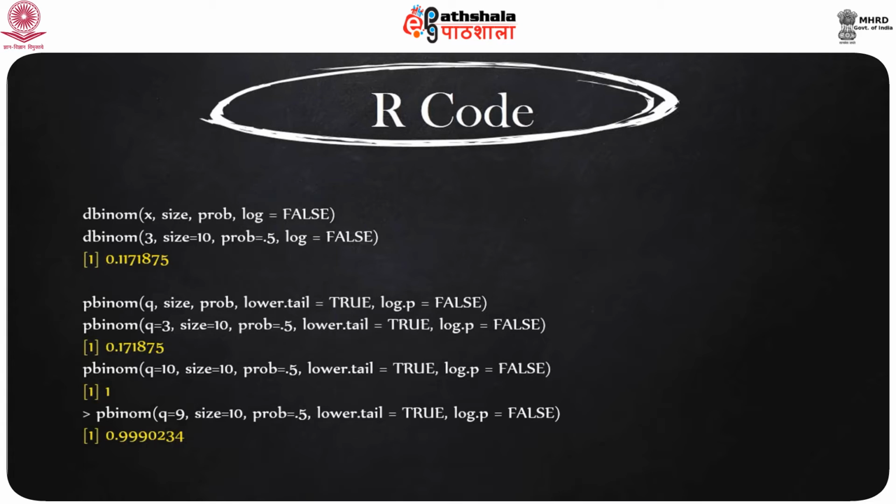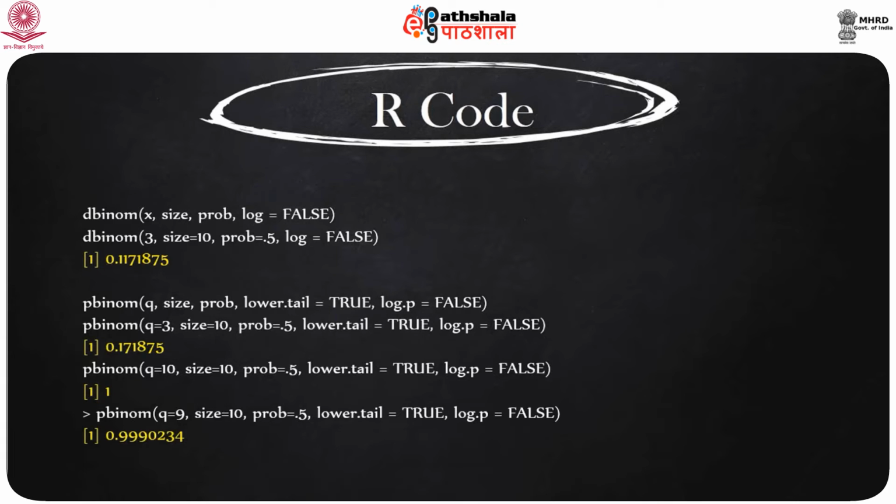For the p binom function, if you want to know the distribution function at the point 3, because the p binom function is used to get the distribution function, you need to write what is given here and have a look at the output. We are primarily having the cumulative probability at this point.